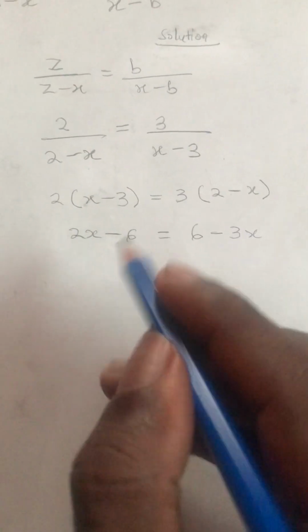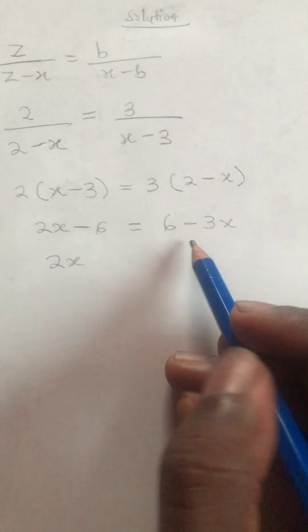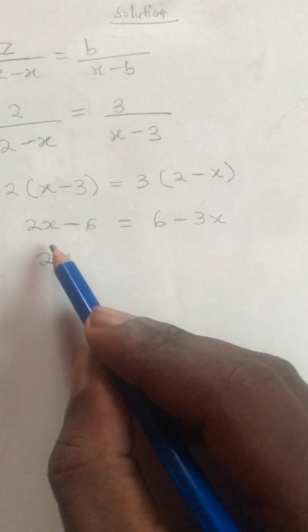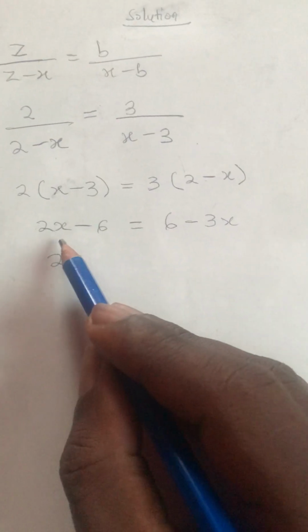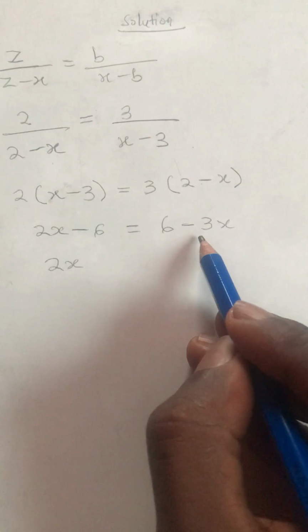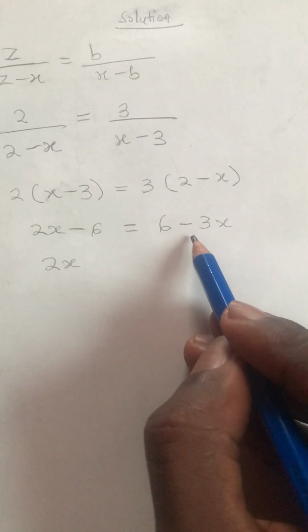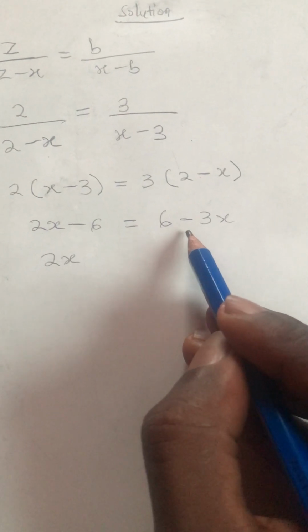So we are maintaining our 2x here. Here we have our negative 3x at the right hand side of the equation.